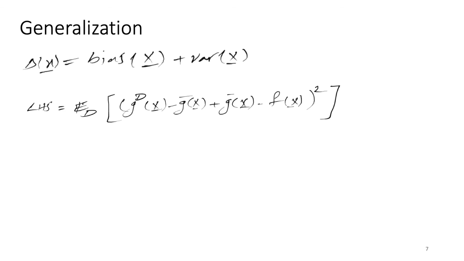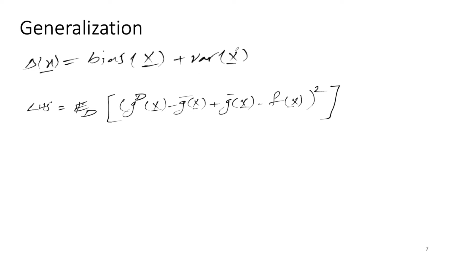All right. So we're trying to provide a proof that delta x equals bias plus variance. Say your samples are coming from LHS, so you're going to have the expected value of gD(x) minus g bar(x), plus g bar(x) minus f(x), all raised to 2.